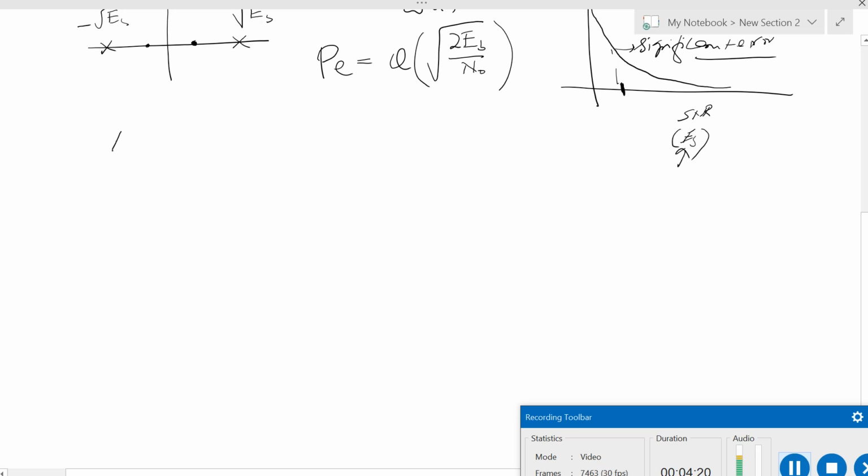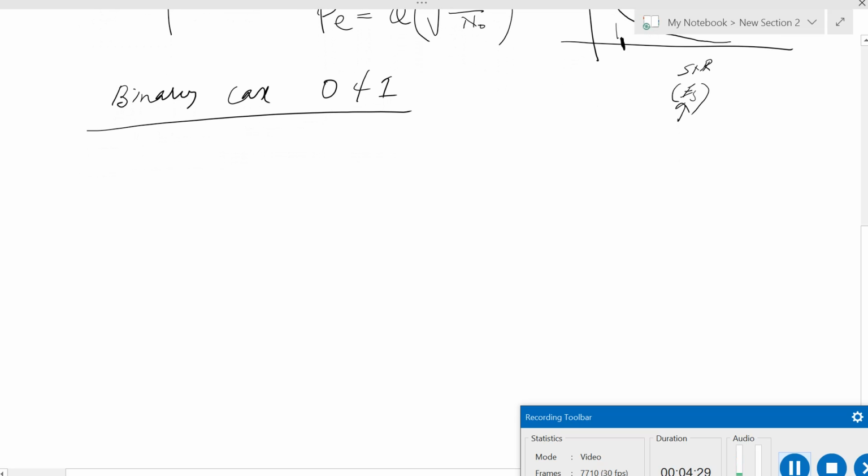Suppose you take a binary case where you have just 0 and 1, which is the most practical case, so you can treat this whole setup as you have 0 and 1, you need to transmit these two. And what can the channel overall do?